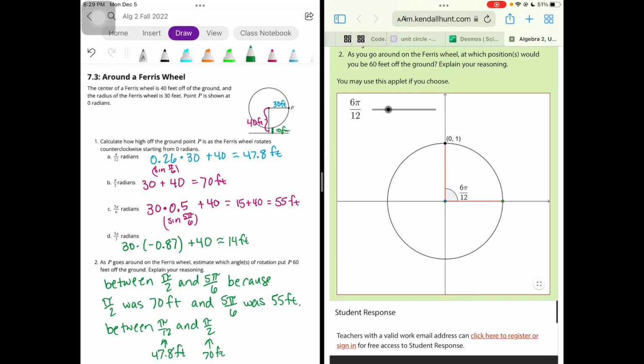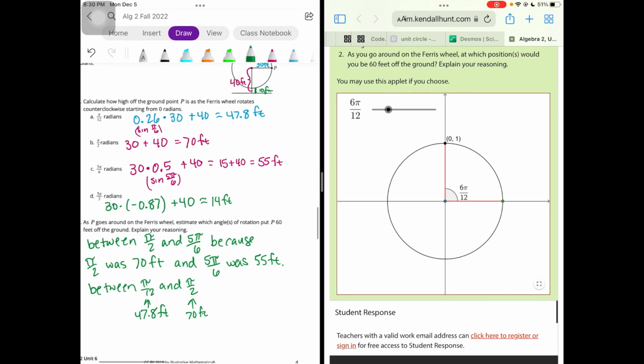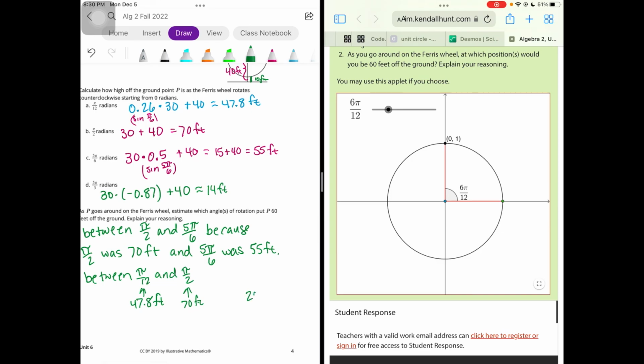And so we are looking for 20 to equal 30 times something. So if we're looking 20 equals 30 times what?